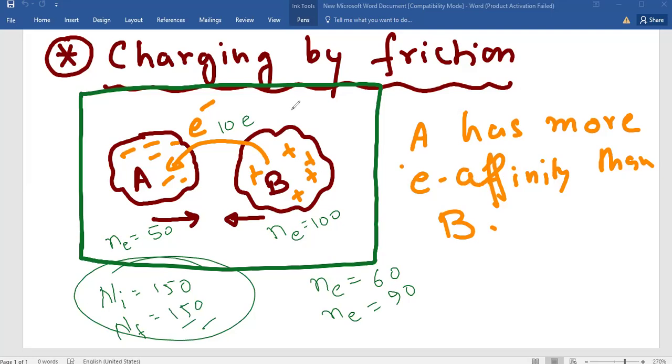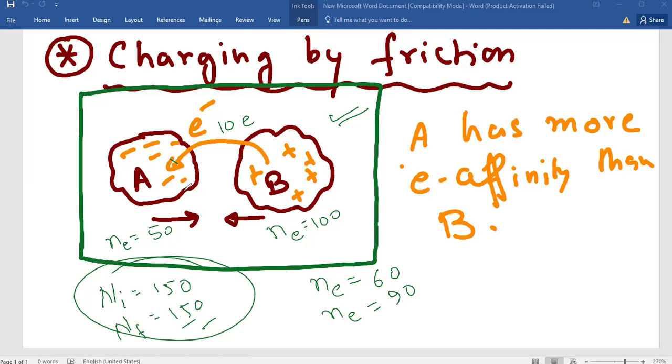Although this friction method is very popular in nature, because lightning also produces this electricity, you will get a lot more examples of triboelectricity in nature, but we are unable to commercialize it because we cannot control the number of electrons.